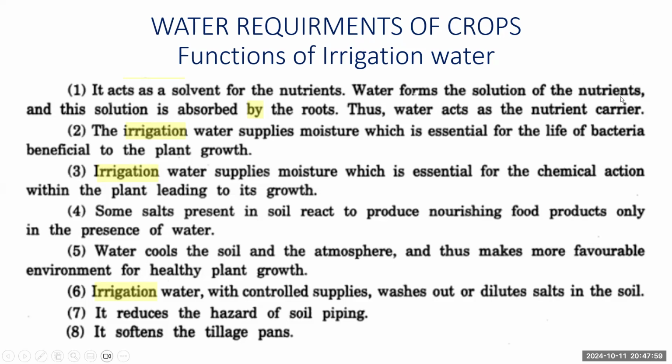Some salts present in the soil react with this irrigation water to produce a nourishing food, and this is possible only in the presence of water. This water cools the soil and the surrounding atmosphere and thus makes it favorable for healthy plant growth. Irrigation water with controlled supplies washes out or dilutes salt in the soil.